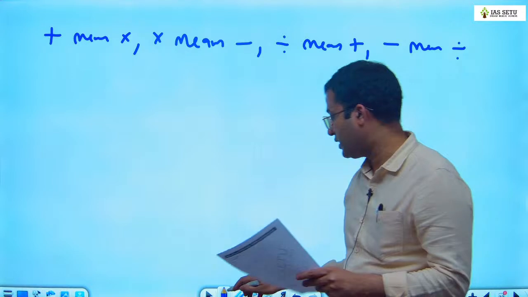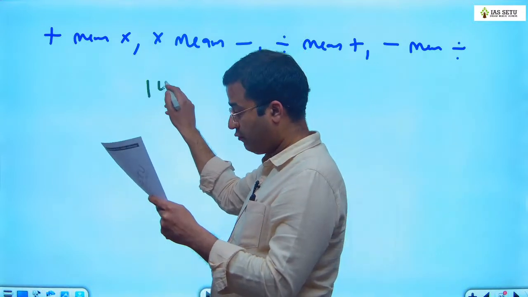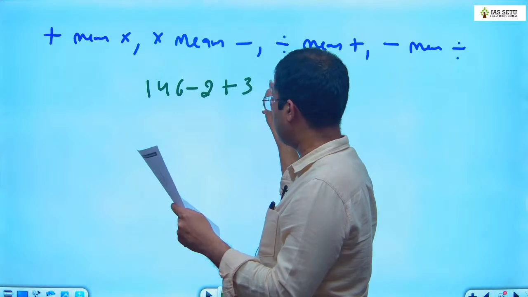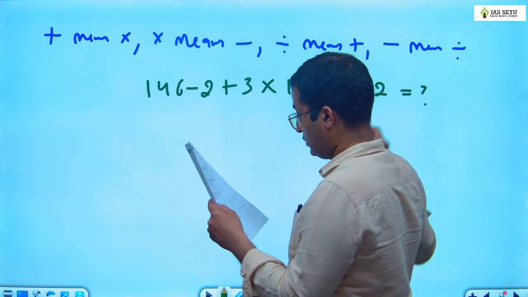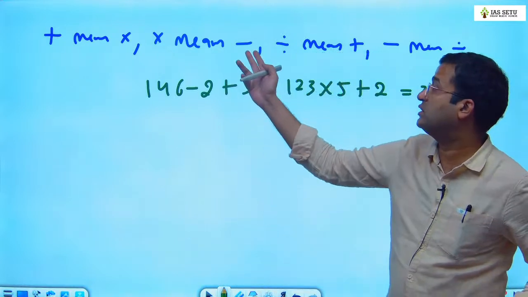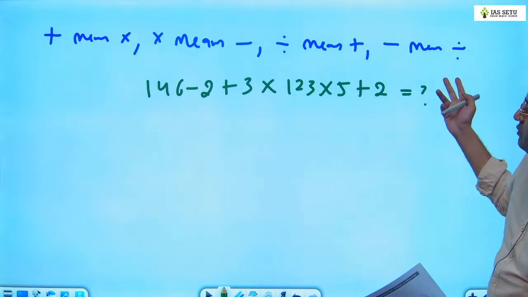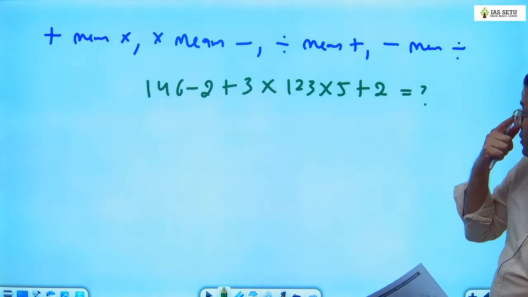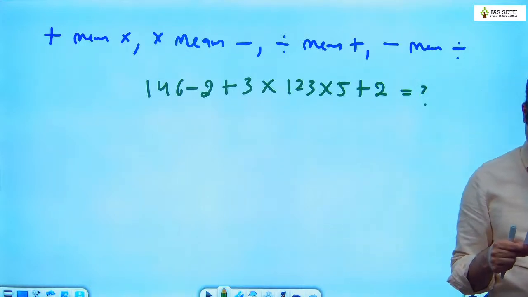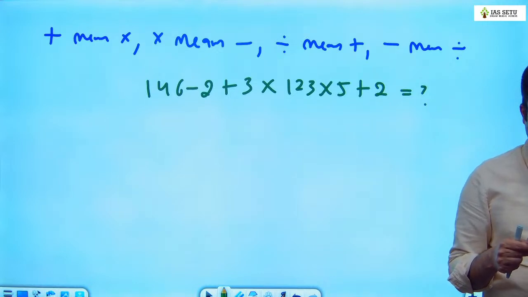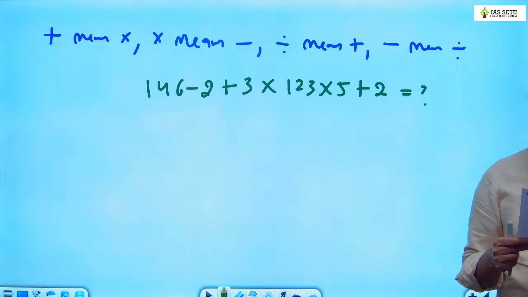अच्छा, क्वेश्चन में ही नहीं दी. Let us check. 146 minus 2 plus 3 multiply 120. So the multiply and minus become... कोई इशू नहीं. Let me check.